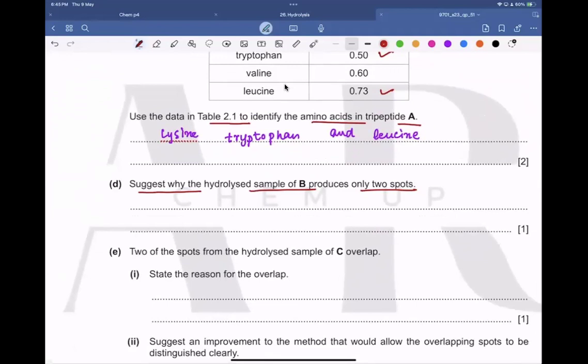That's why they have the same RF value and their spots overlap each other. So two of the amino acids are the same.